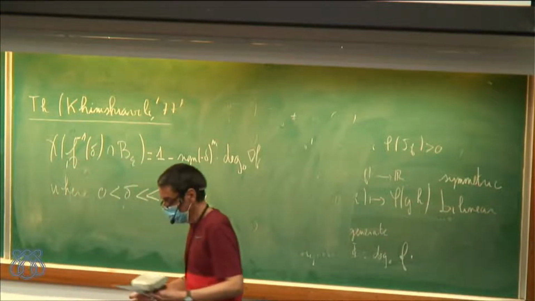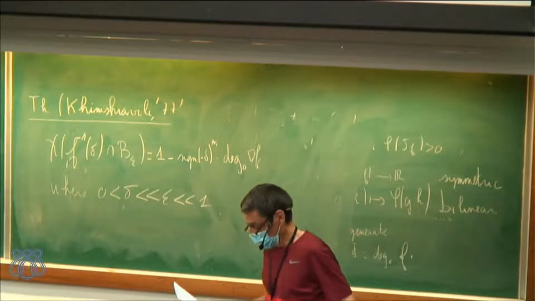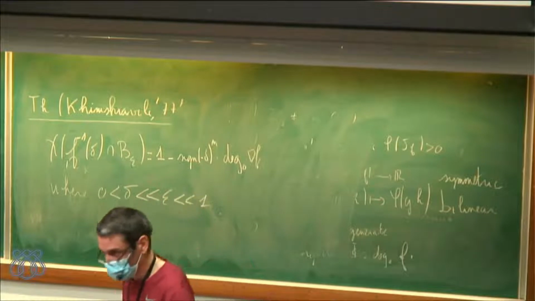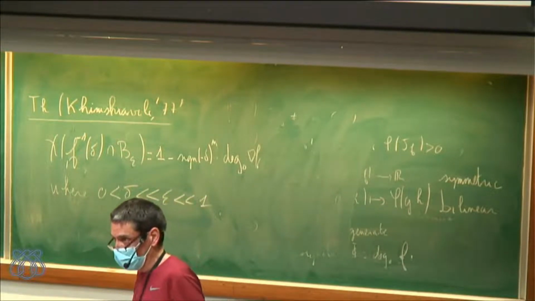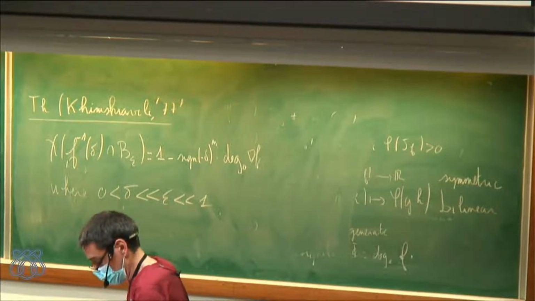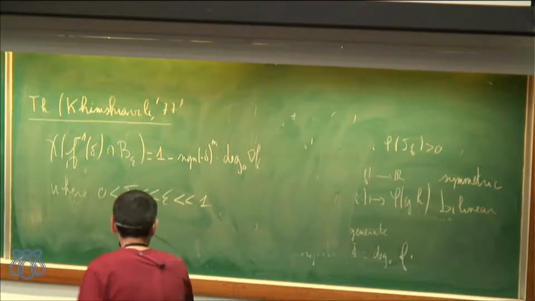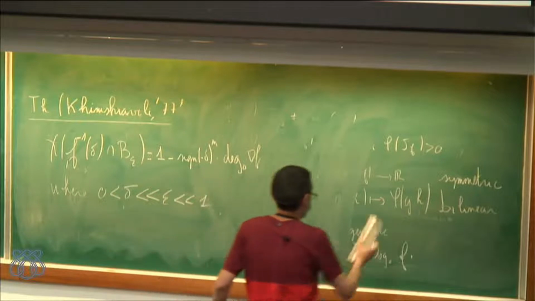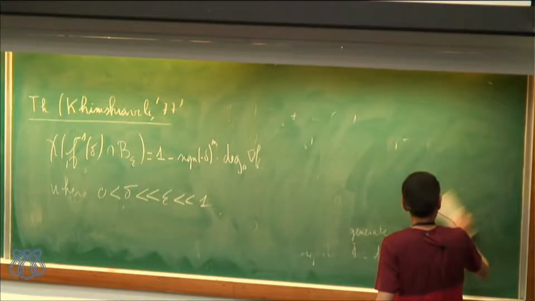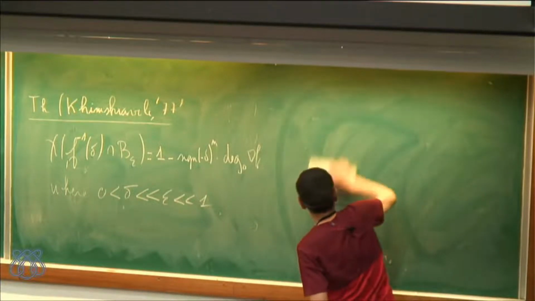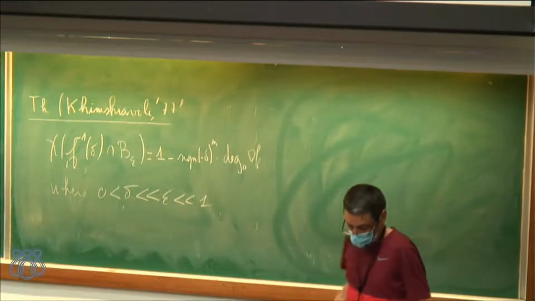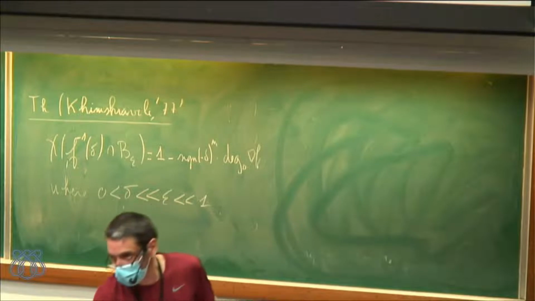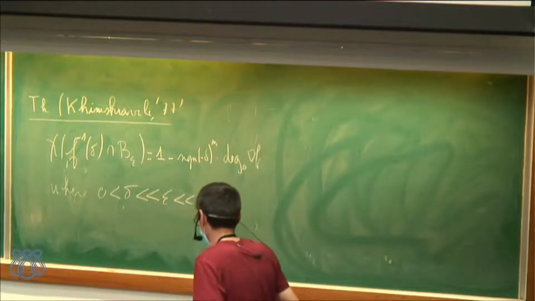Okay, so I will give the proof. It is very similar to what Dirk explained in the complex case last week. I will work in a small neighborhood of the origin where f is defined.